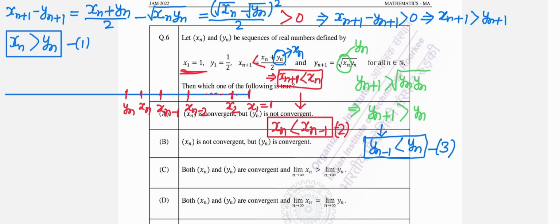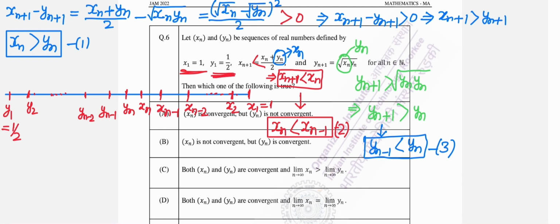In the same way, if you see this relation, then here will be y n minus 1, here will be y n minus 2, dot dot dot, here will be y2, and here will be y1, and y1 is given to be half. See in the question here.